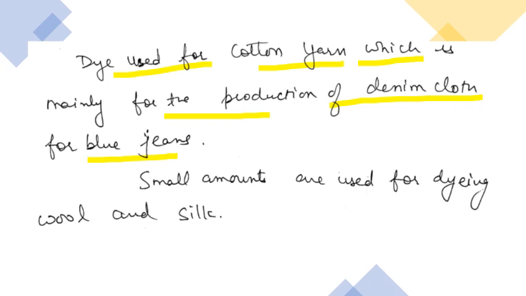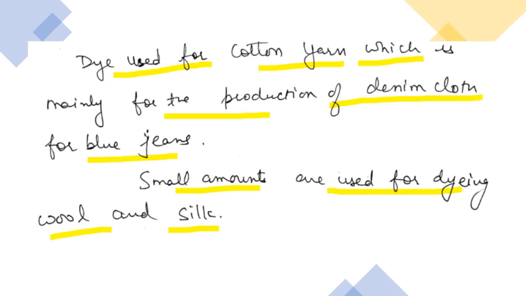So it's an important application of this dye. A small amount is also used for dyeing animal products like wool and silk. But the major part is used for the production of denim cloth, providing the intense blue color for the jeans.